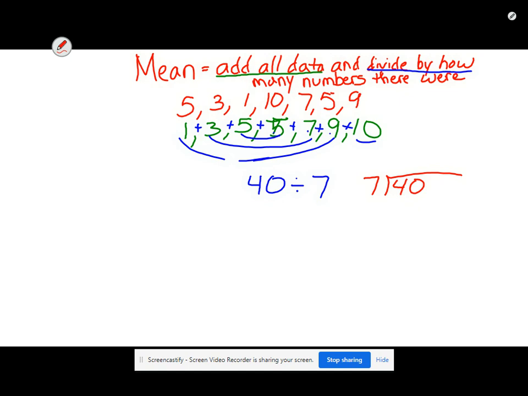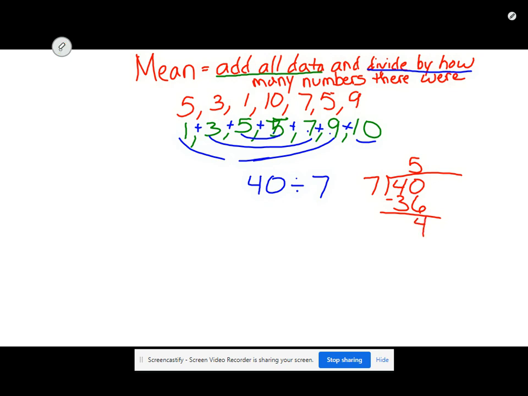What's the first number I'm going to look at here? Anthony? 7. Okay, 7. How many times does it go into 40? Will? 5. Because 7 times 5 is 35. If we went up to 6, that would be too big. That would be 42. So I do 40 minus 36 is 4.